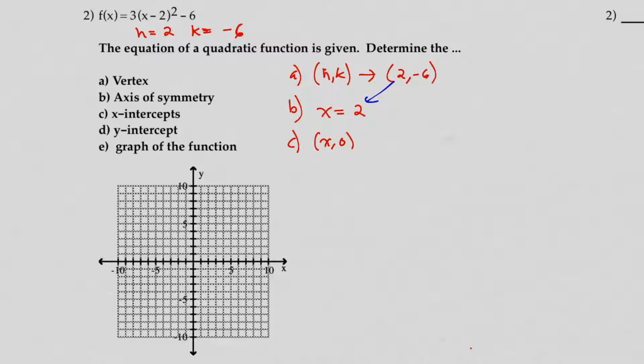Remember, y and f of x are interchangeable, so we're going to make f of x equal to 0. We have our function here, and we go ahead and solve for x. So we want to divide by 3, so we can isolate this.